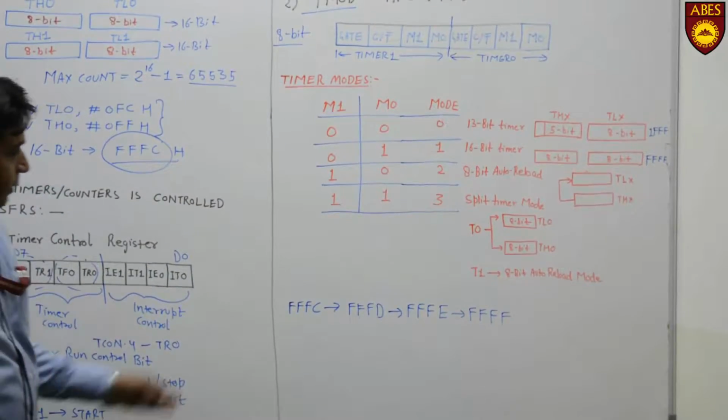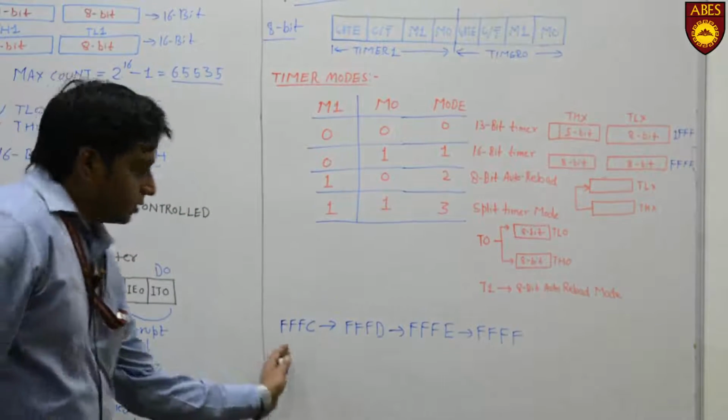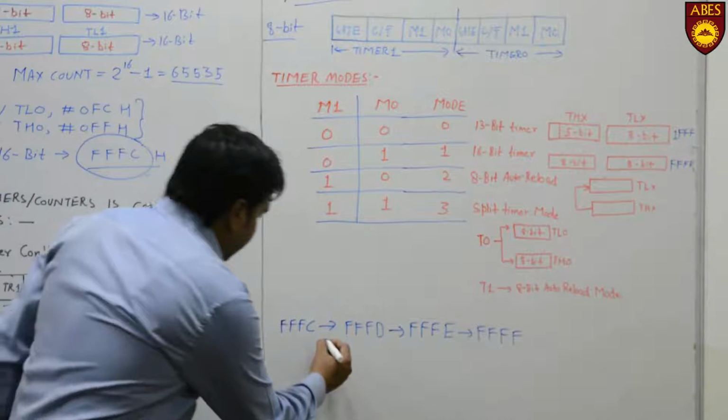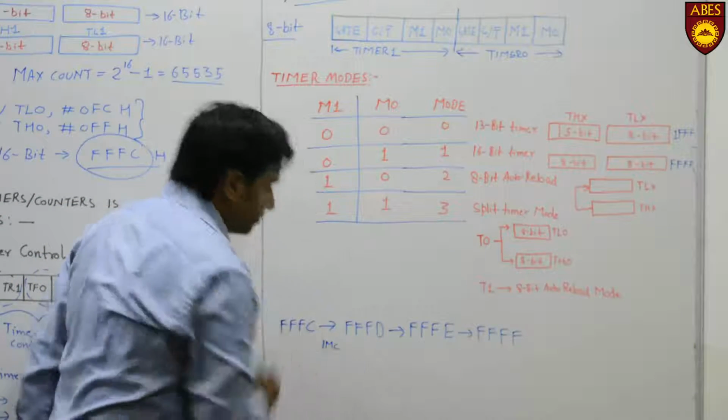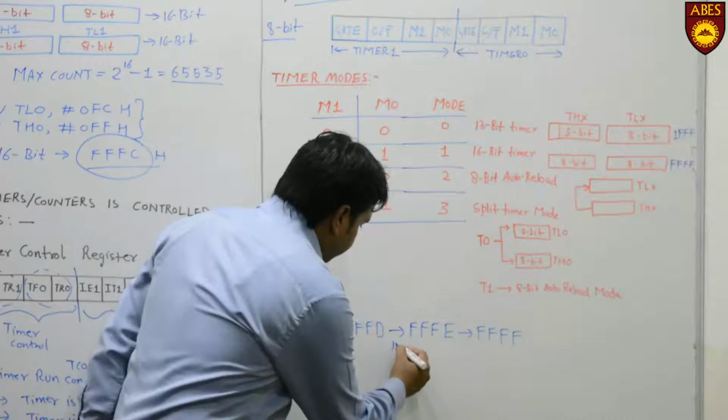Then we can notice a very important functioning of the timer with the help of this. Every time it counts 1, it consumes a time of 1 machine cycle.